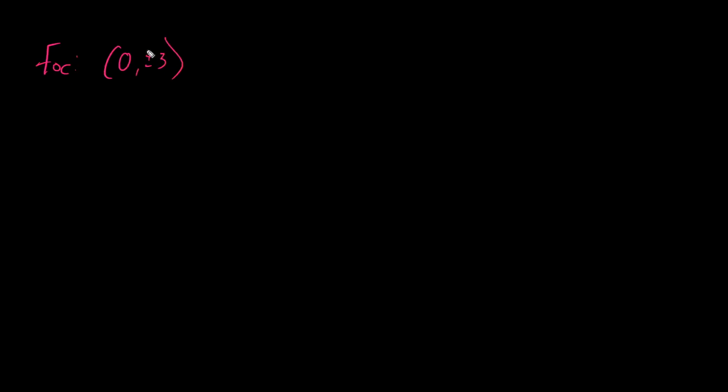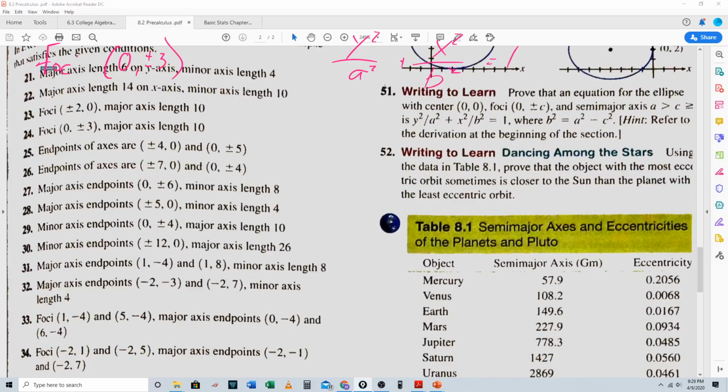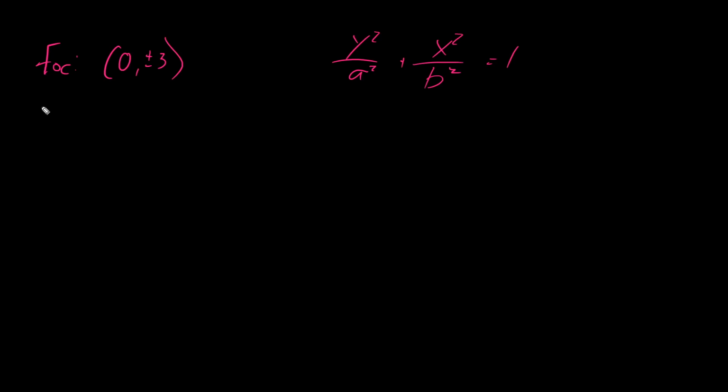Now, this is going to open up vertically, so it's going to be y squared over a squared plus x squared over b squared equals 1. Again, that's because the change is in y, so y first. The major axis length is 10, which means a is equal to 5, c is equal to 3.